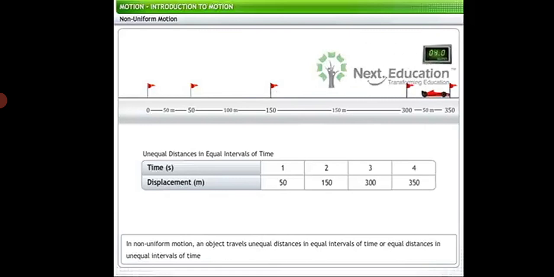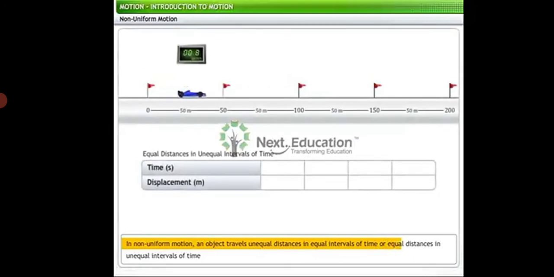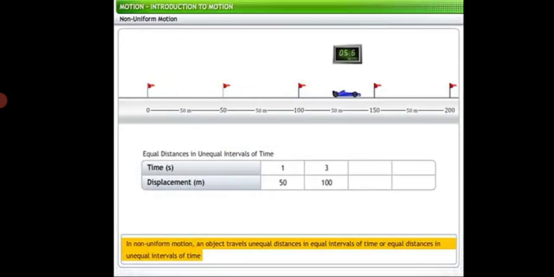We see that its displacement during any two consecutive seconds is not the same. This is non-uniform motion. An object is said to be in non-uniform motion if it travels unequal distances in equal intervals of time or equal distances in unequal intervals of time.